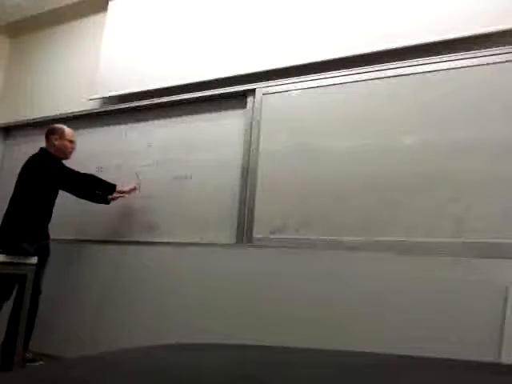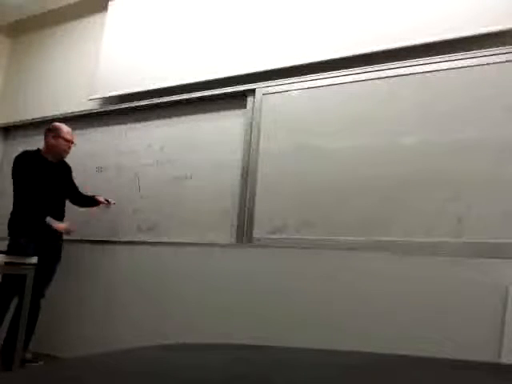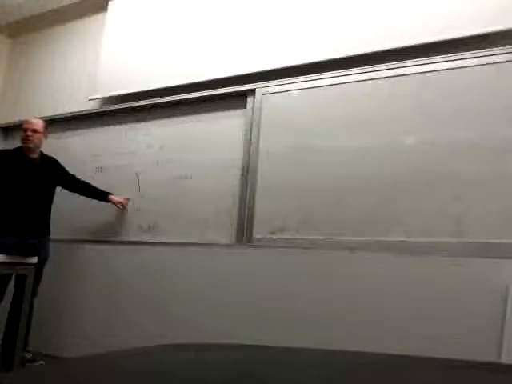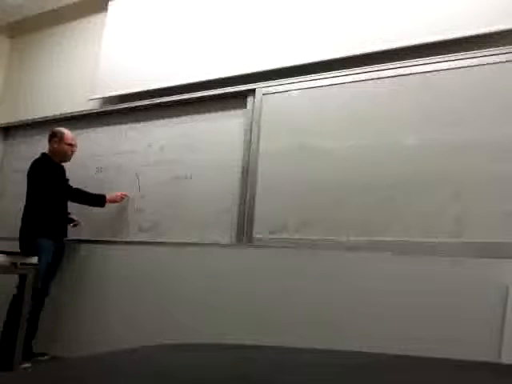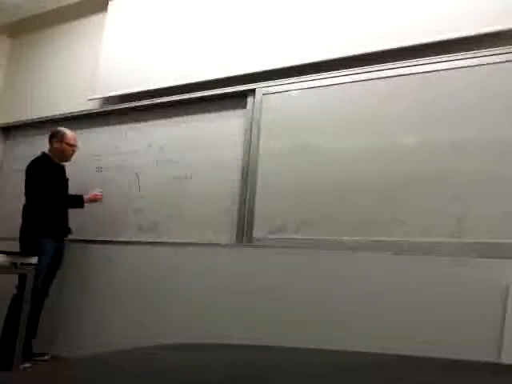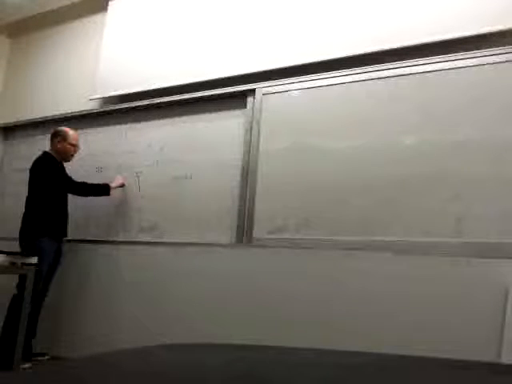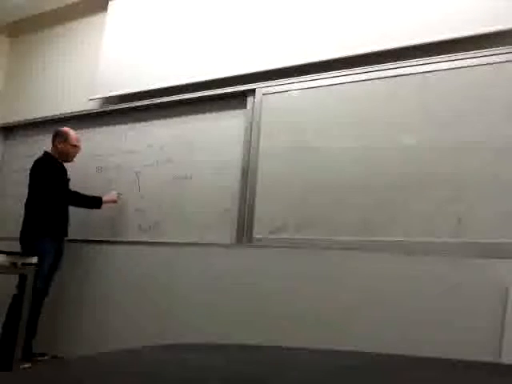If I would shift all this plot to the right or to the left, it does not change this area. What do I need to calculate? I need to calculate the area below a Gaussian that starts at this point. What is this point? It's mu1 plus mu2 over 2.